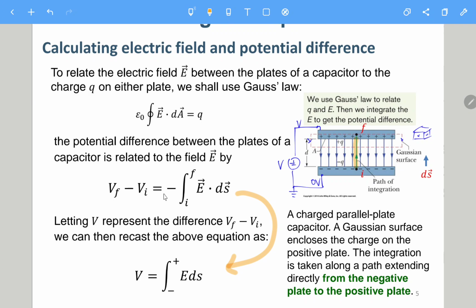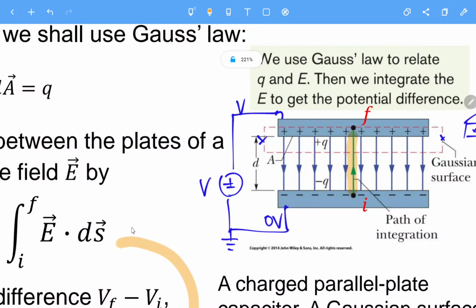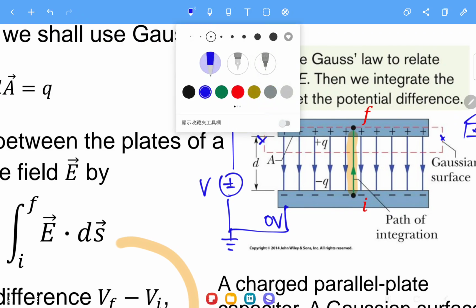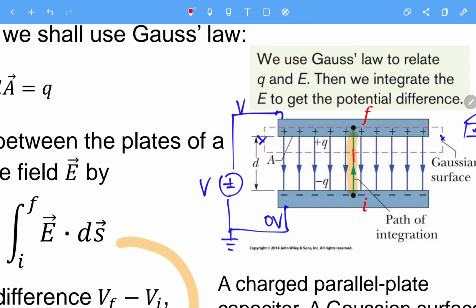If we expand this, we can see that this path is from bottom to top, which means that ds is pointing upward because it follows the path from I to F.